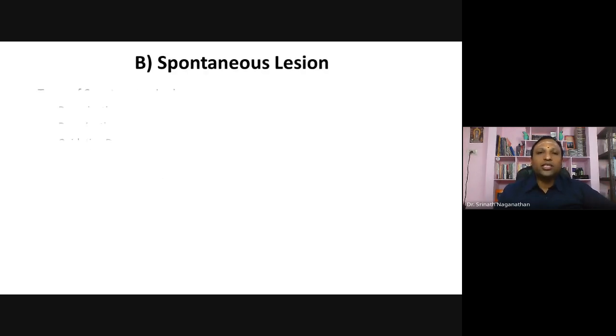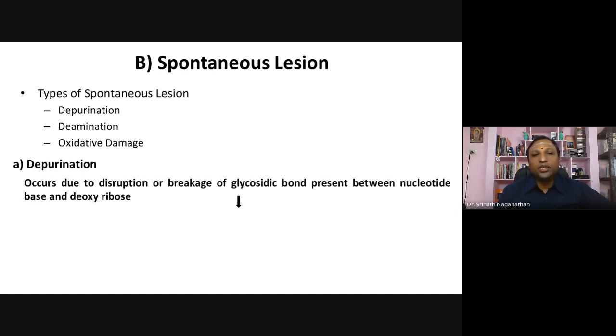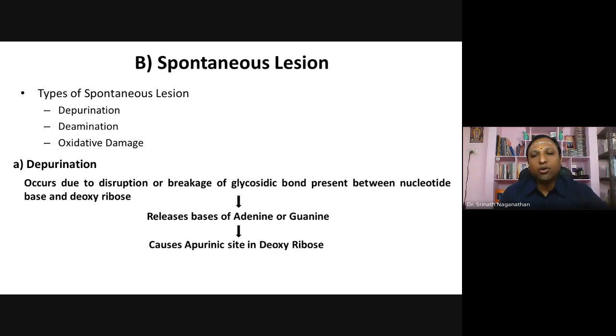So spontaneous lesion. The types of spontaneous lesion are depurinization, deamination, and oxidative damage. Depurinization occurs due to the disruption or breakage of the glycosidic bond between the nucleotide base and deoxyribose. It releases the base, adenine or guanine, and causes an apurinic site in the deoxyribose.